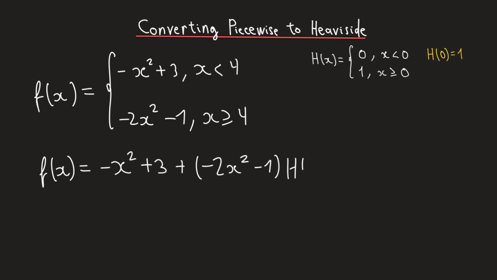But it's multiplied by the Heaviside at the discontinuity, so x minus the discontinuity, which is x equal to 4, so x minus 4. But we also need to subtract the first part of the function, minus x squared plus 3, times the Heaviside at the discontinuity, h of x minus 4. And so this is how we quickly convert the piecewise into the Heaviside.